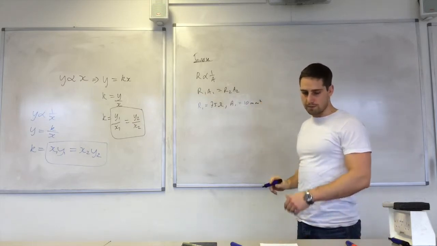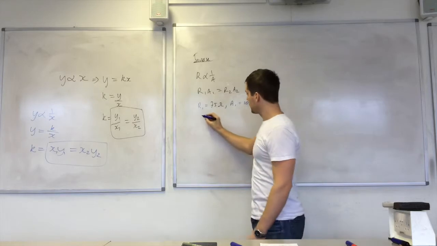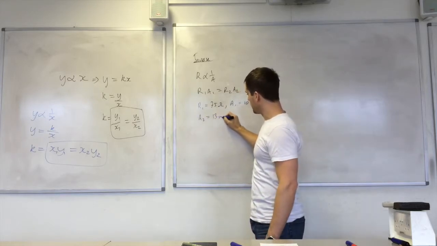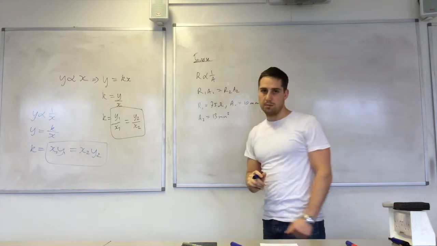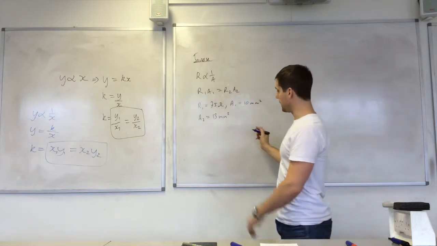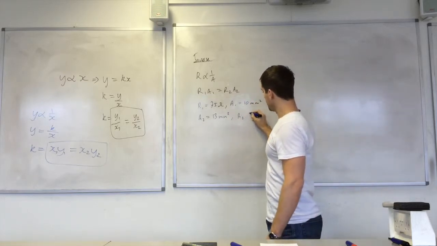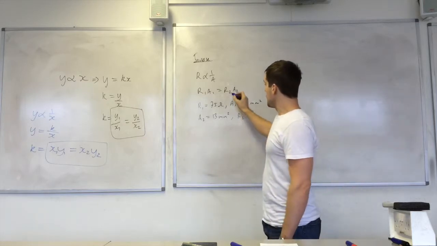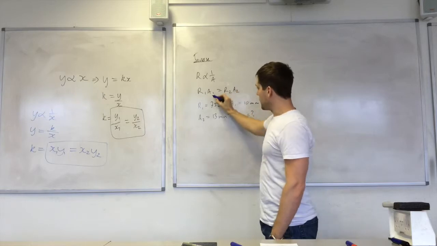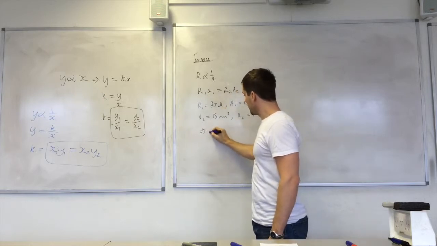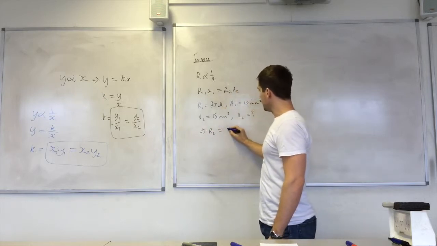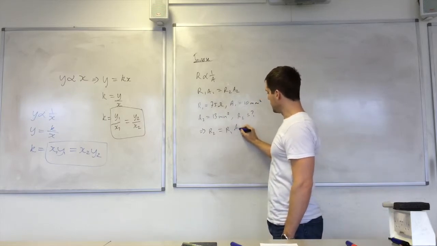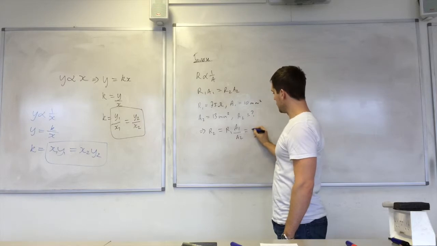I won't be converting that because the second piece of material has a cross-sectional area of 13 millimeters squared, so what's the resistance now? So we want to find out what R2 is. R2 here, so I'll divide by A2. So R2 is equal to R1 multiplied by A1 over A2.